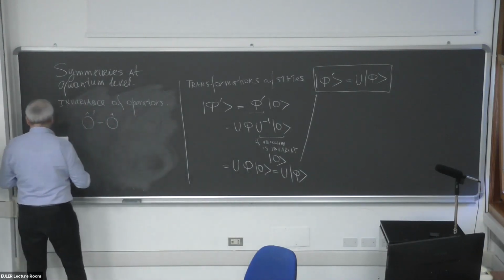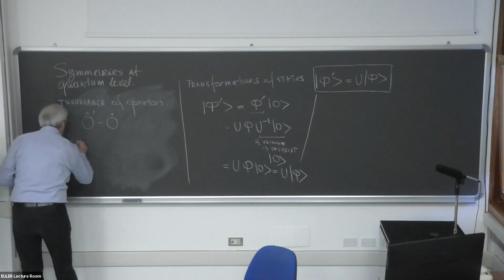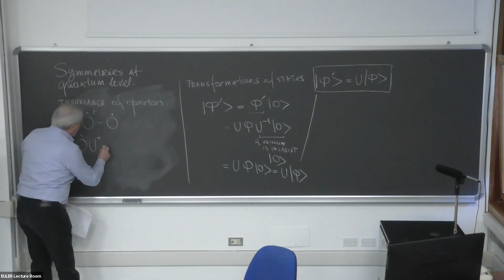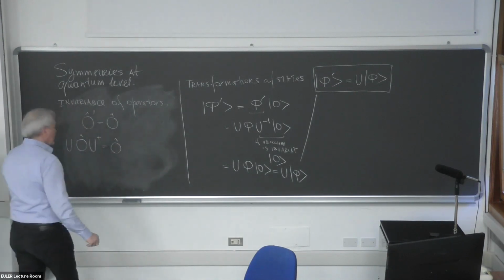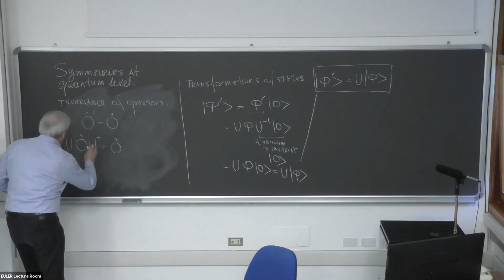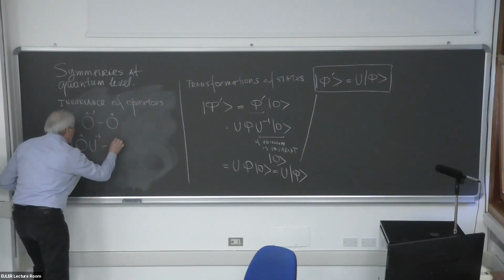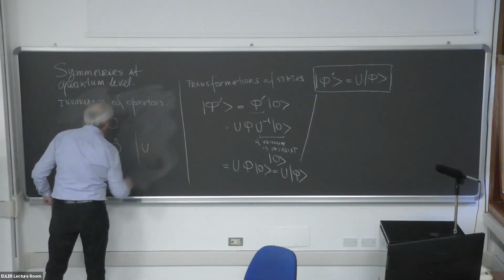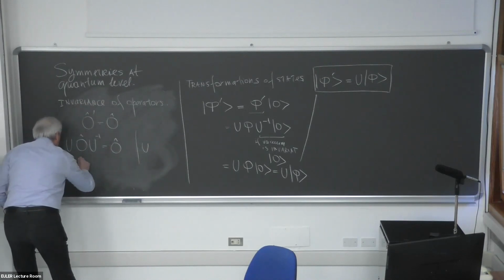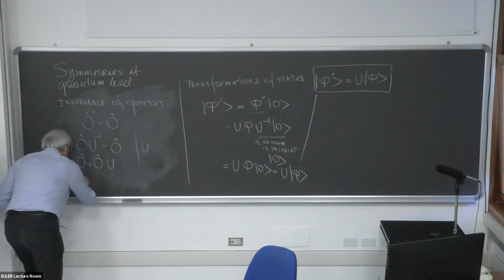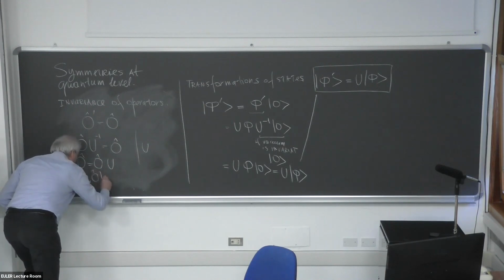So we introduce transformations of operators as U O U minus 1, and this is the transformed operator, and that should be equal to the operator O. Now, multiplying this equality by U on the right-hand side, we get U O equals O U. And this can be written as the commutator of O with U equals 0.